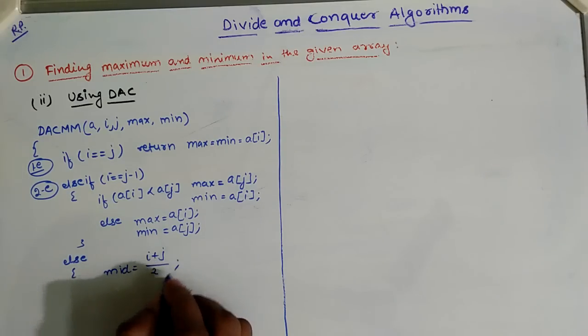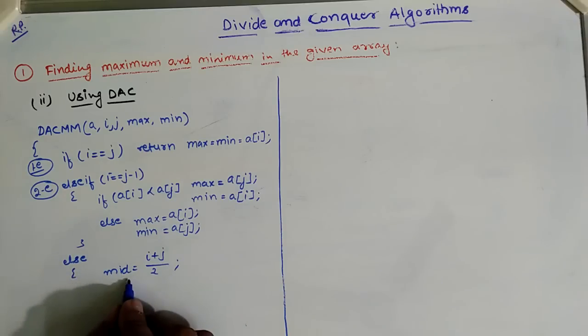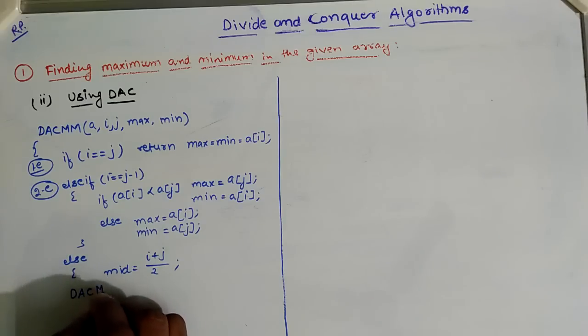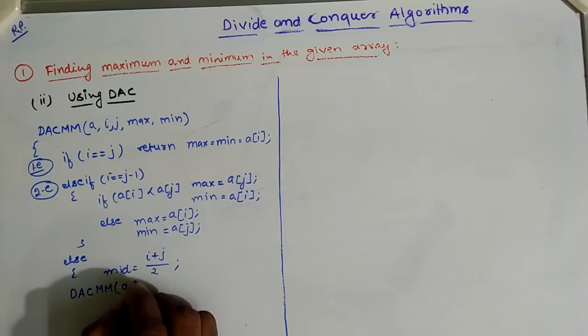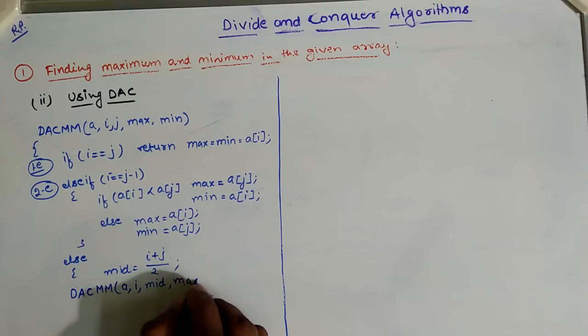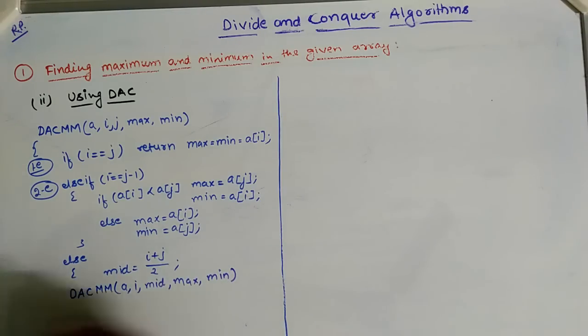Now after having the mid position, I divide the whole problem into two subparts based on this mid. So I just call the same recursive function DACMM on the same array with index I and mid, which is calculated here, on the same variables max and min, because I need to find out the max and min here.